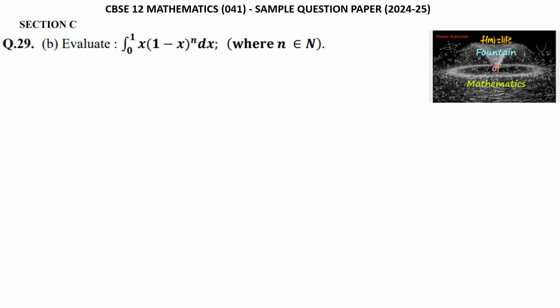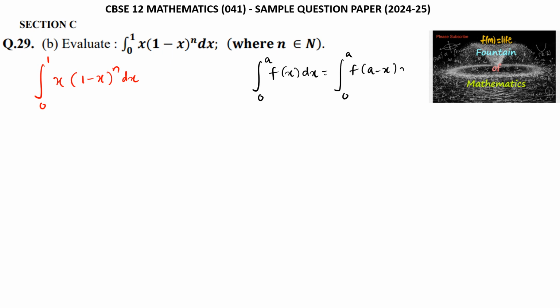Evaluate the integral from 0 to 1 of x into (1 minus x) whole power n dx, where n is a natural number. Let's use the property, integral 0 to a f of x dx is equal to integral 0 to a f of (a minus x) dx.